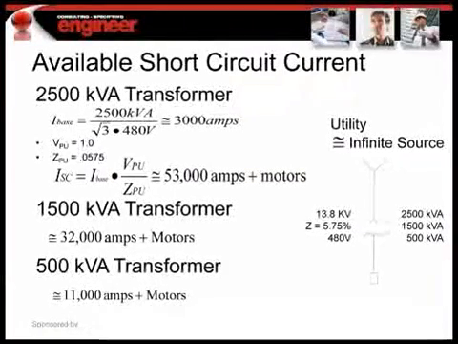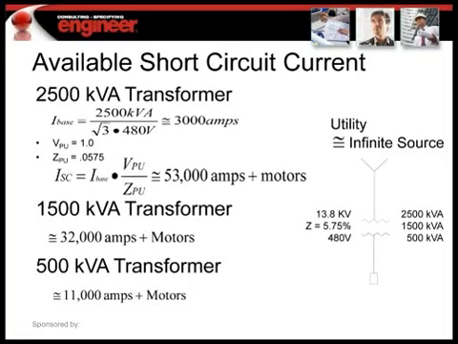I'd like to demonstrate some calculations that relate to fairly common system sizes that might serve healthcare facilities. This diagram shows a single utility source serving a transformer that might be a 2500 kVA, a 1500 kVA, or a 500 kVA transformer, which is fairly typical for a small to medium-sized hospital or clinic that would be characterized as a hospital or institutional occupancy.